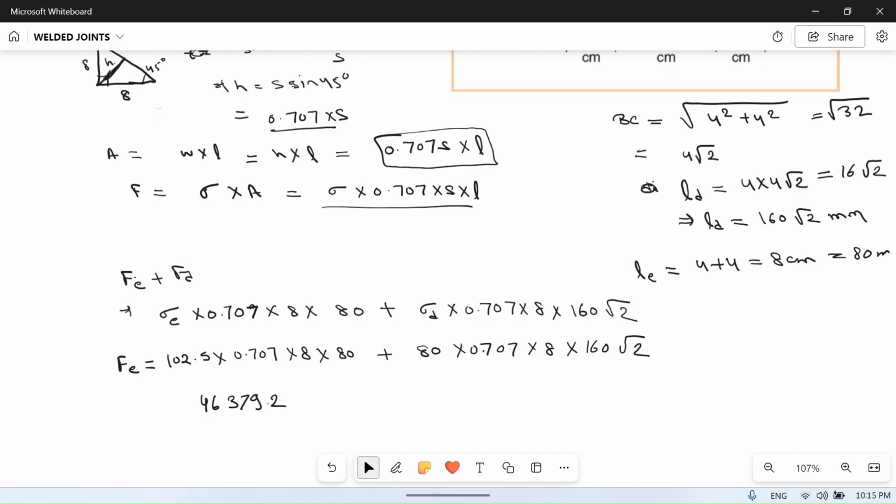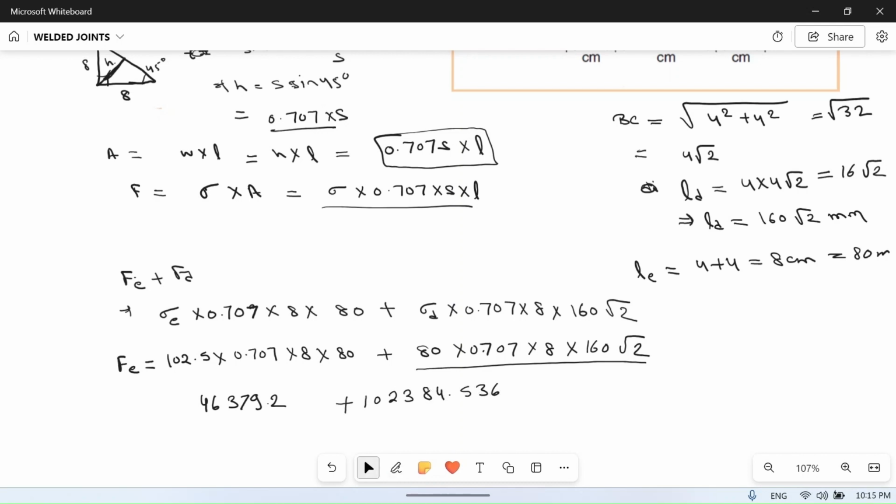And if you calculate 80 into 0.707 into 8 into 160 into root 2, which is equal to 102,384.536.